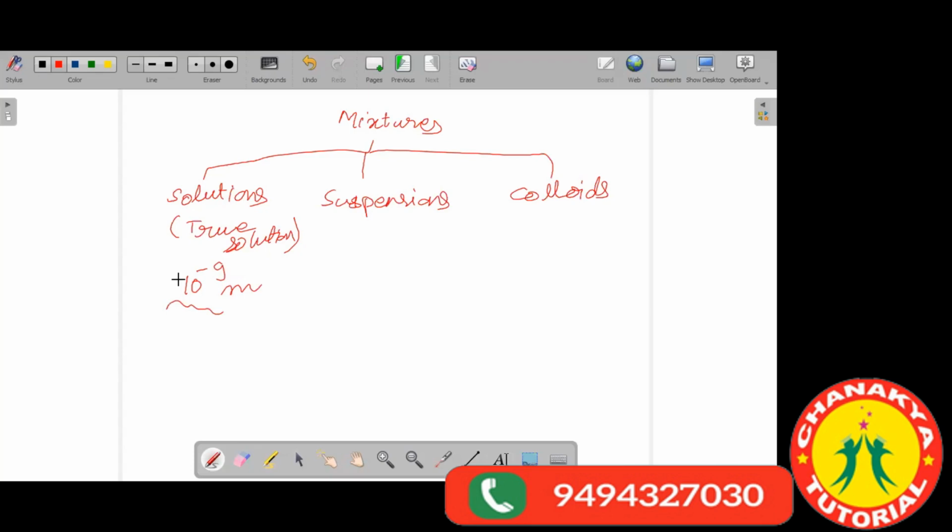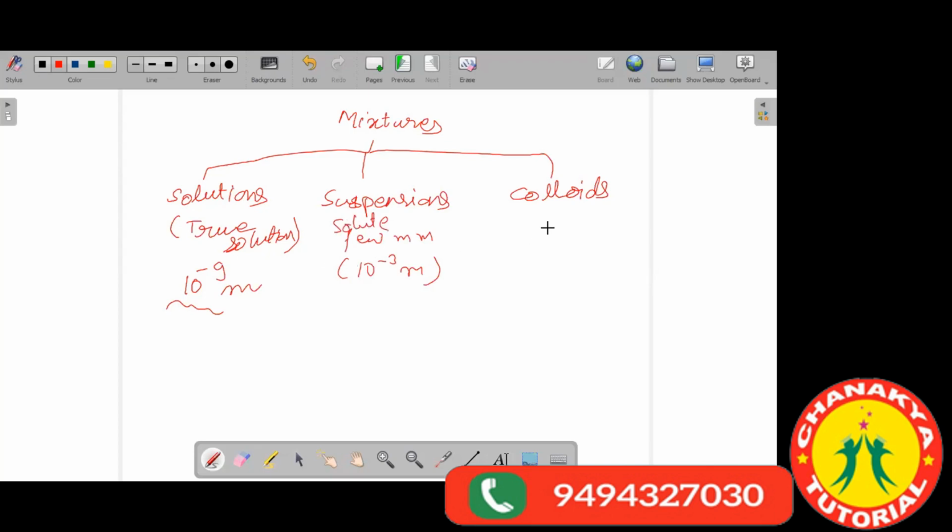In the case of suspensions, the particles are of the size of a few millimeters. So generally 10 to the power minus 3 meter is the size in suspensions.